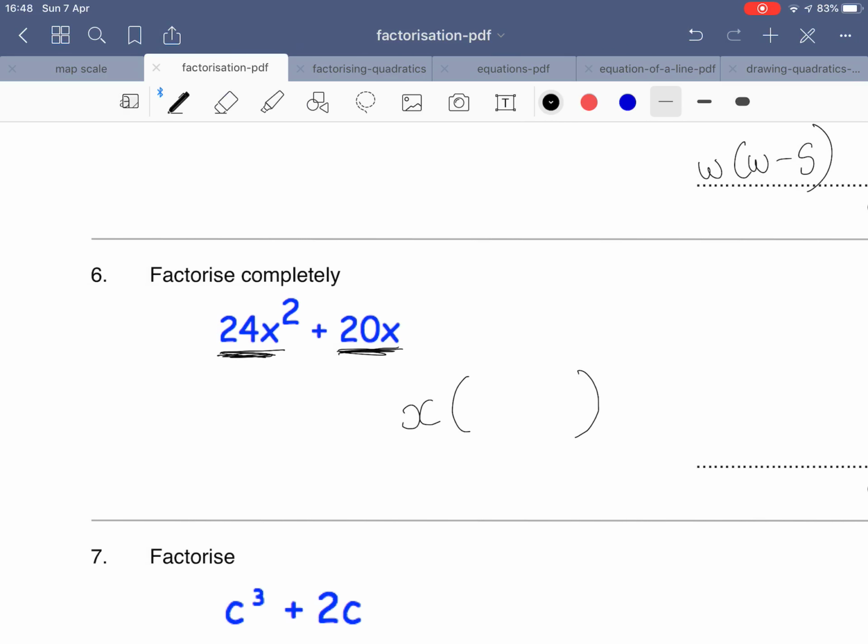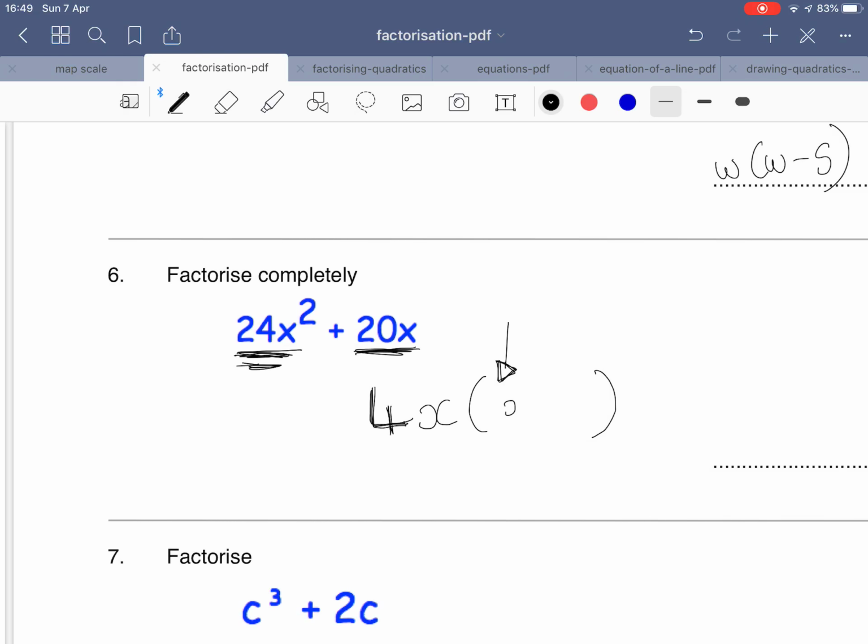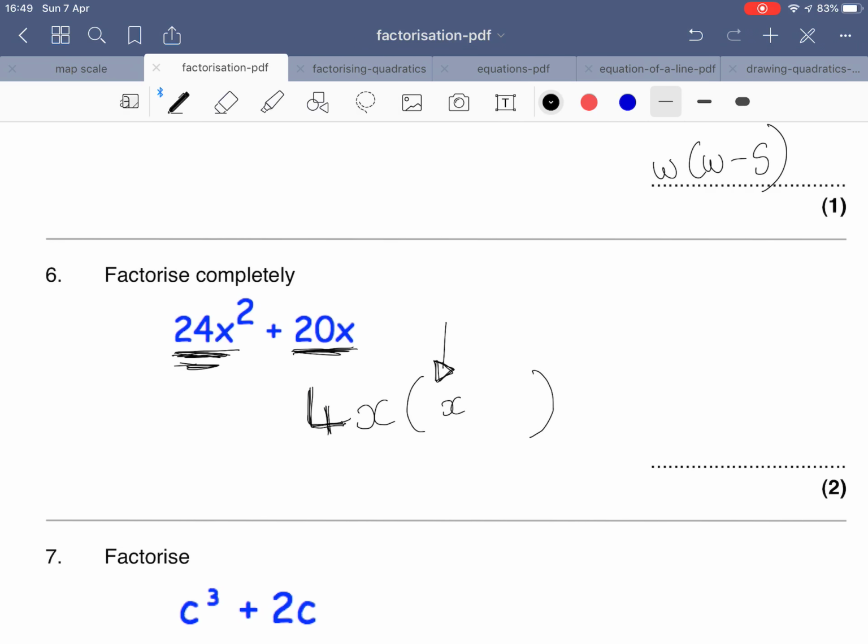They are both in the 4 times table. They're both in the 2 times table as well, but I want the highest number, so that's 4. So now I need 4x times what is 24x squared. So I need that x, but also I need 4 times something is 24. So I know 4 times 6 is 24.